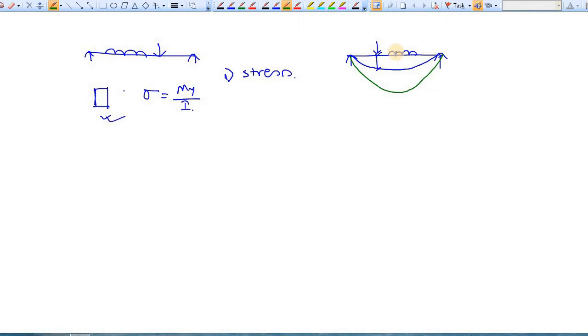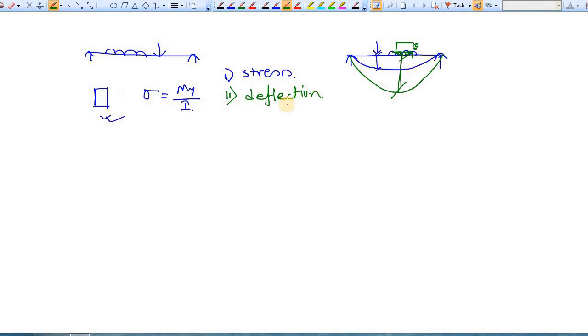So suppose this loading is coming from a car. Is it desirable that the car or the driver will feel that it has deflected this much? Obviously no. So the second criterion for the designer is your deflection criterion.